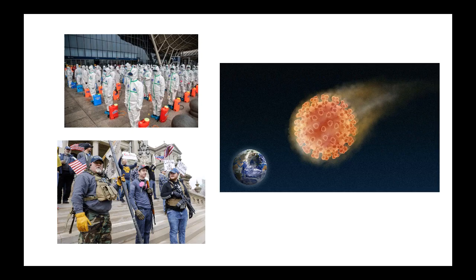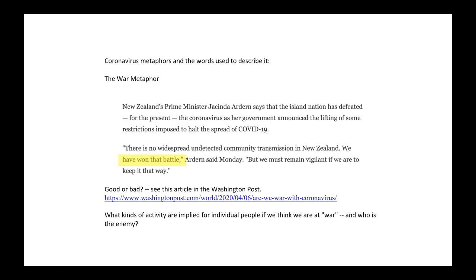I found some images that might suggest battle. This one here suggests that the coronavirus is a comet hitting the Earth. And also in the coronavirus folder, you'll find this document, Coronavirus Metaphors.